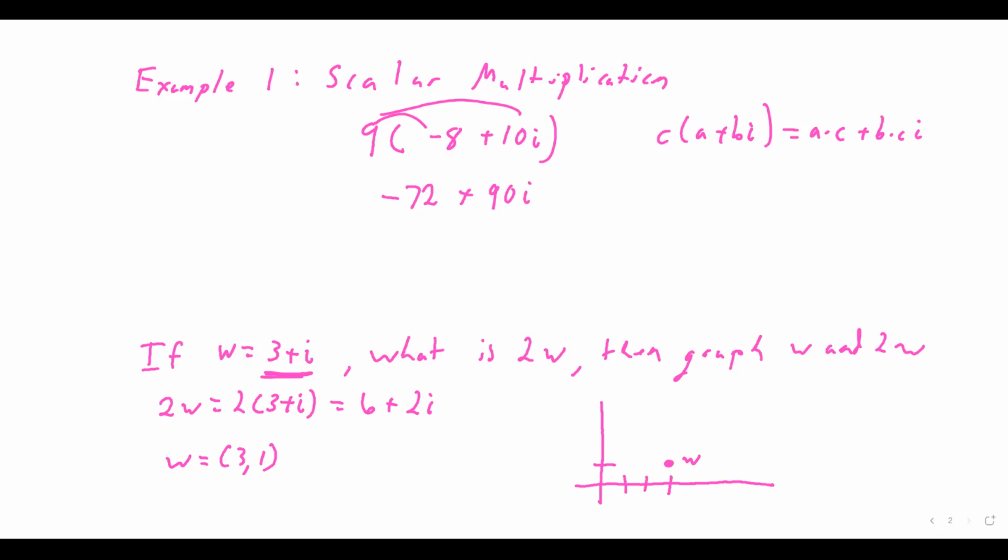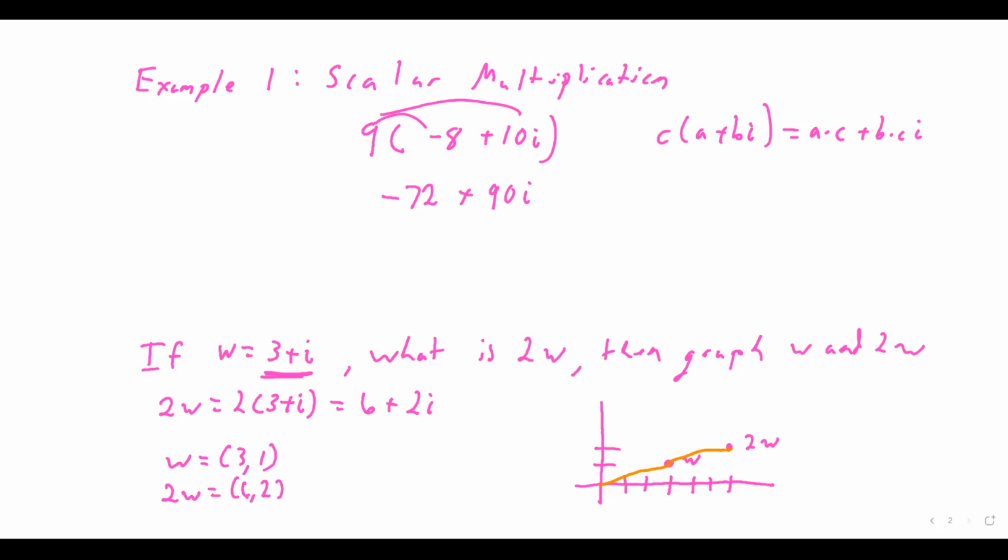How would 2W's coordinate look? (6, 2). Again, notice I'm putting parentheses around that. So I'm going to go 1, 2, 3, 2. Let's put some lines in there as a visual aid. If this was my original direction, is this roughly doubled?